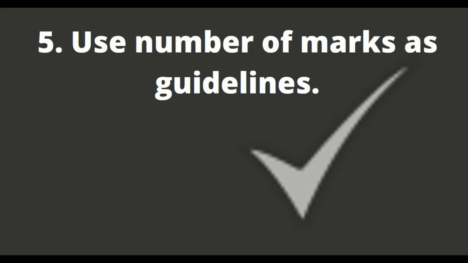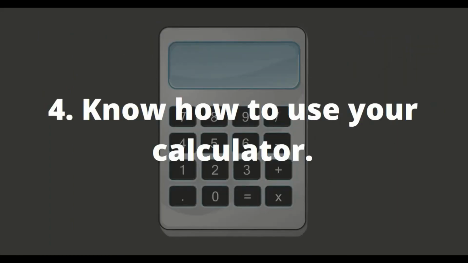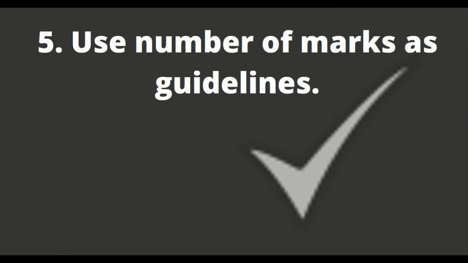So I see that I didn't include the thing with time. Okay, so use the number of marks as guidelines. The other thing that I wanted to say with respect to this was that you're writing out of 150 marks, you're given 3 hours, and a tip that I would give is 1 mark, 1 minute.